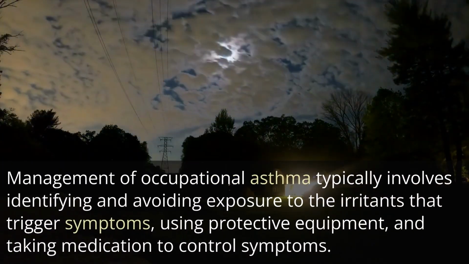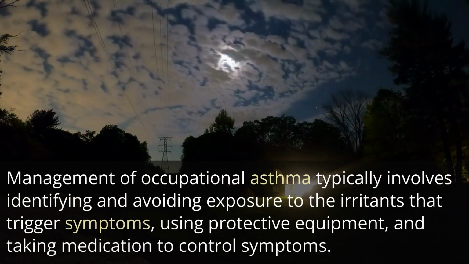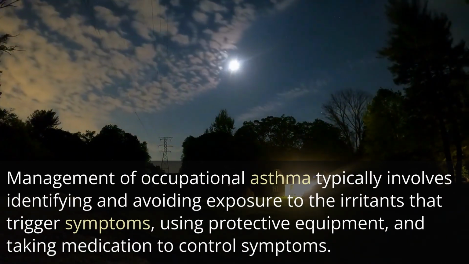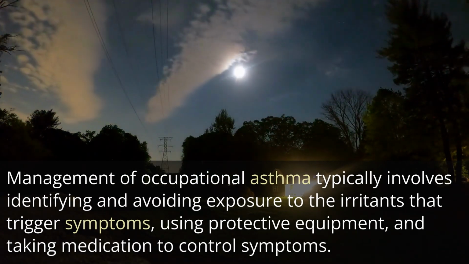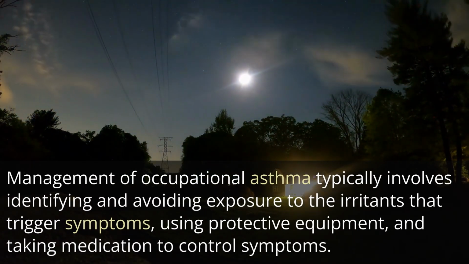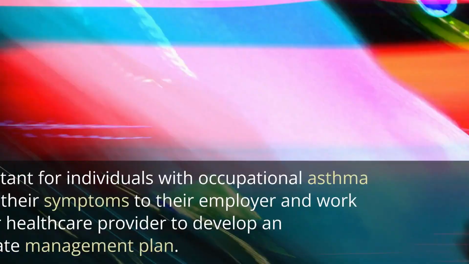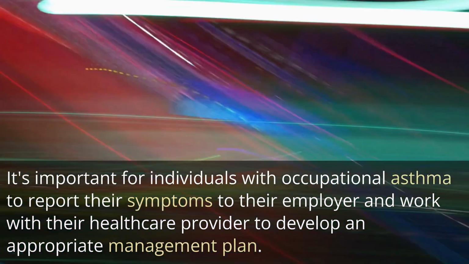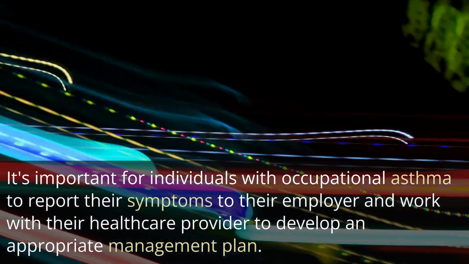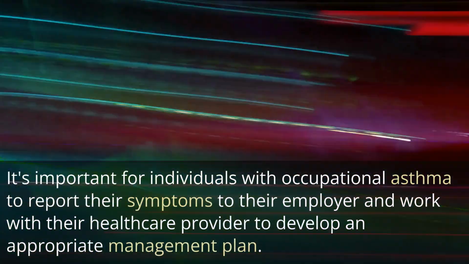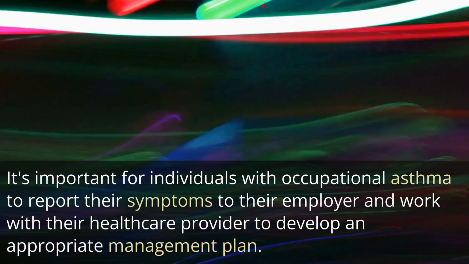Management of occupational asthma typically involves identifying and avoiding exposure to the irritants that trigger symptoms, using protective equipment, and taking medication to control symptoms. It's important for individuals with occupational asthma to report their symptoms to their employer and work with their healthcare provider to develop an appropriate management plan.